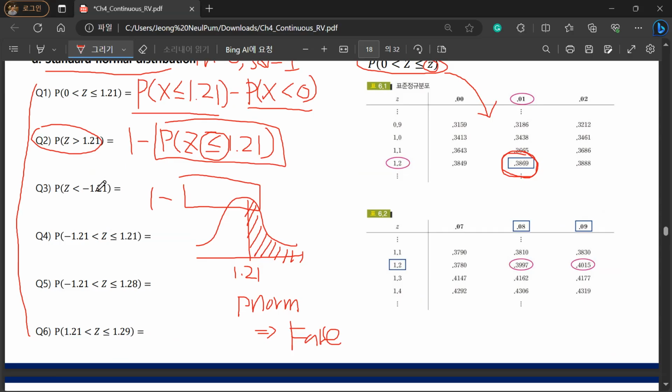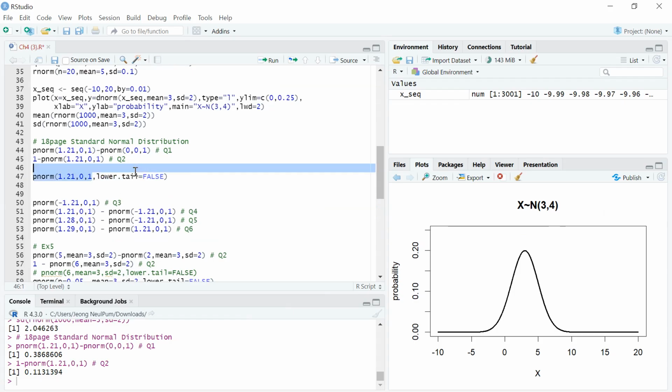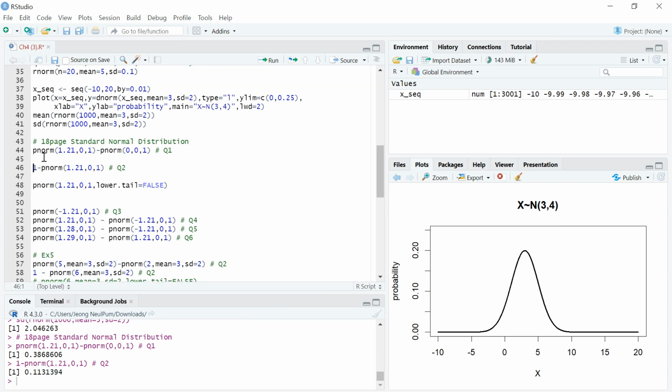That is the difference between the two options. So I just wanted to say that this code and the code below give us the same result. The only difference is whether we are using the lower.tail option as TRUE or FALSE.